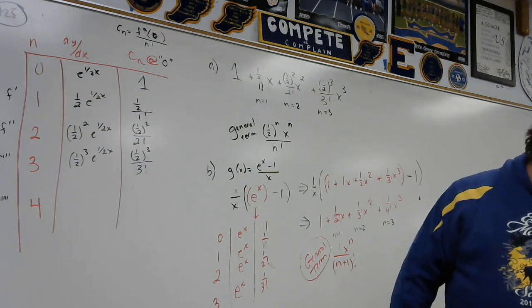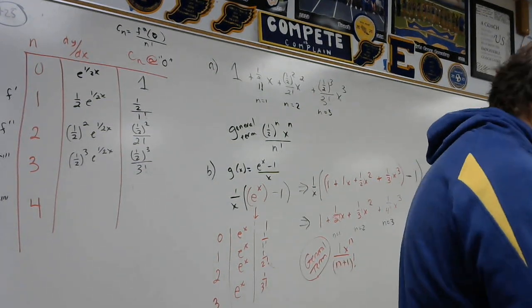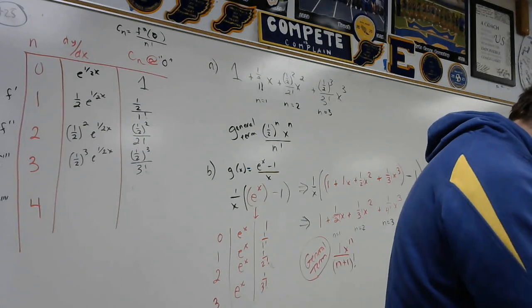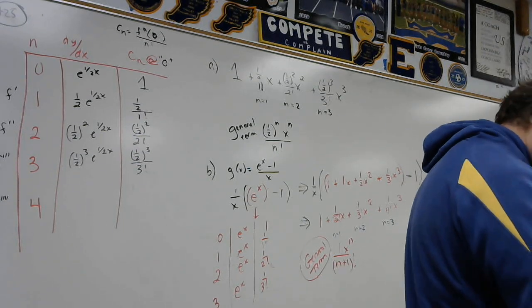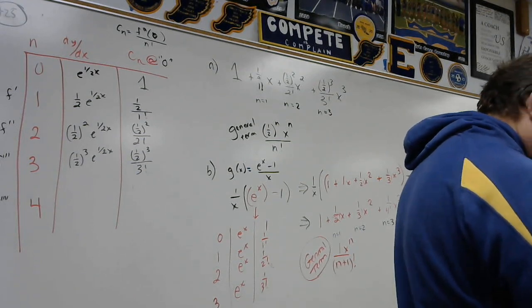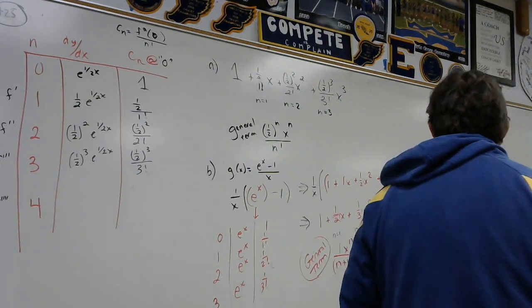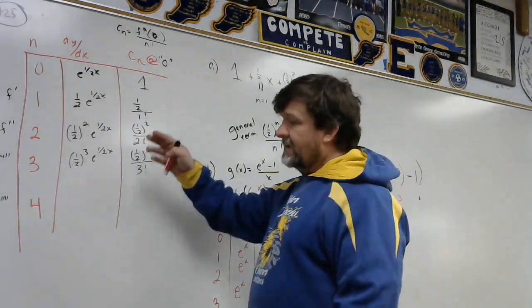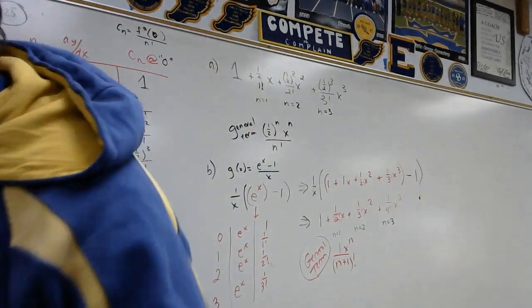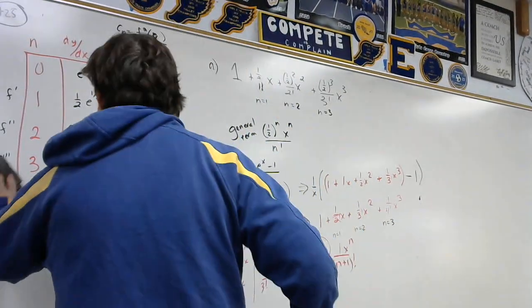Now on the third one, it asks us to find g prime of 1 from part B. I think I'm pretty close to the end here, so I'm going to go ahead and erase this. It's a little close for you guys.